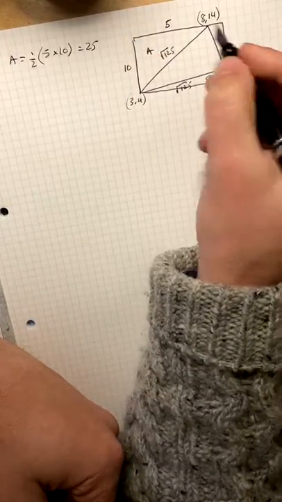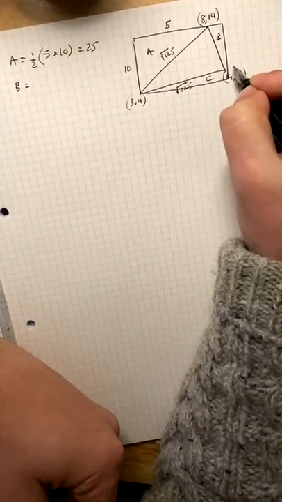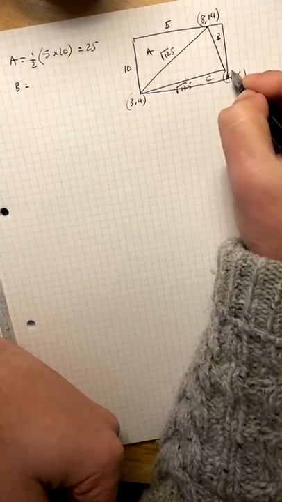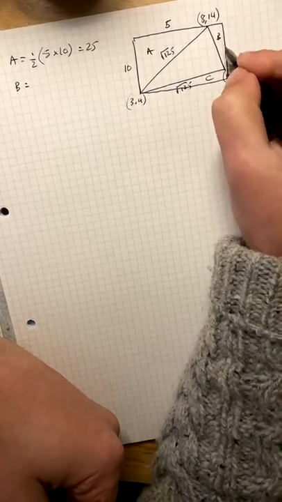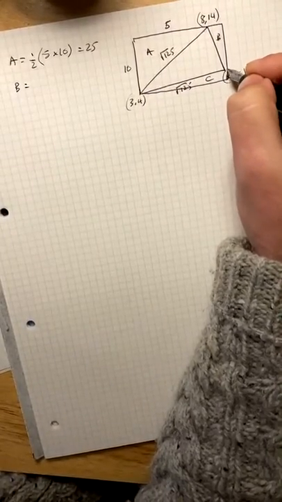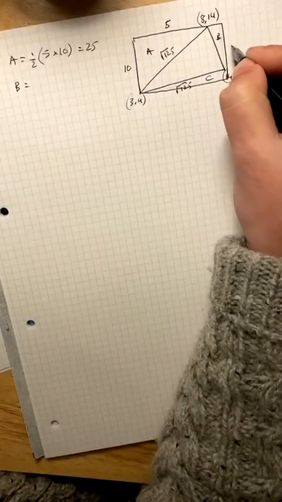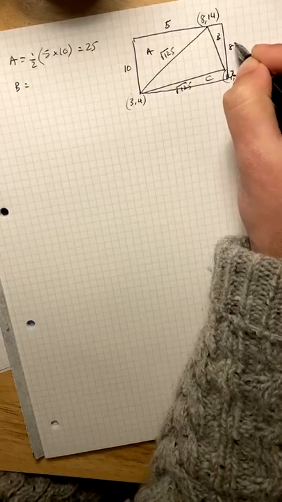Okay, B. We know this point here is 14, 6, so this length here is going to go from 6 to 14, so that's 8, which means that one is 2, we'll put that in there.